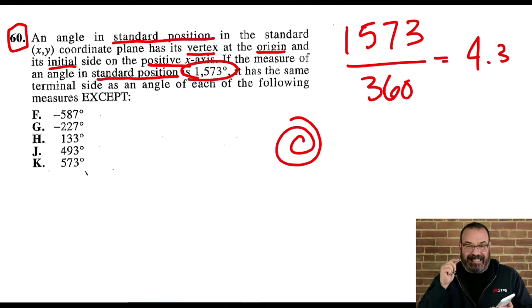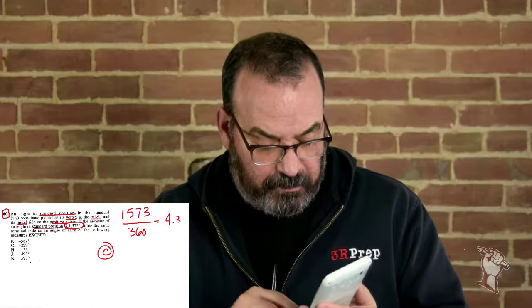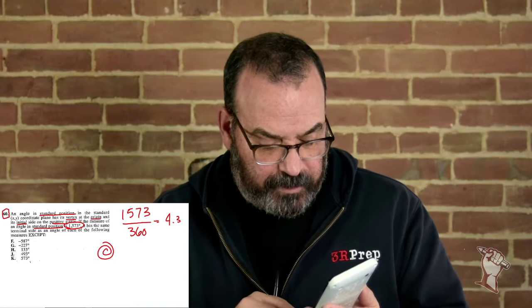To find out exactly the number of degrees, I'm going to take 360 times 4, and that gives me 1,440. 1,573 minus 1,440 is equal to 133. So 133 is equal to 1,573.